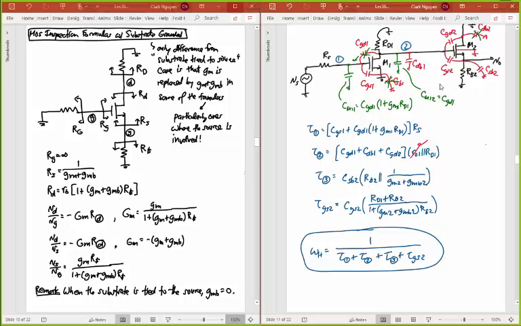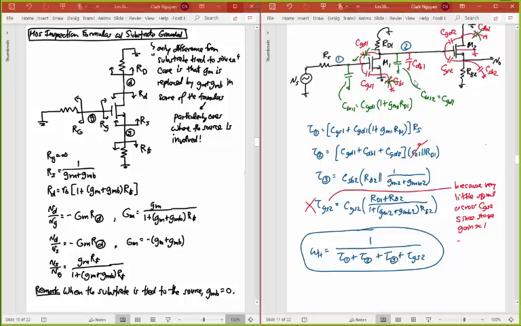So that CGS2 is still there, but for all intents and purposes, for most cases, I'm going to ignore that, because there's very little signal across CGS2, since the gain is not 1, but it's close to 1. Okay, the stage gain is close to about 1, so there's no voltage across that.